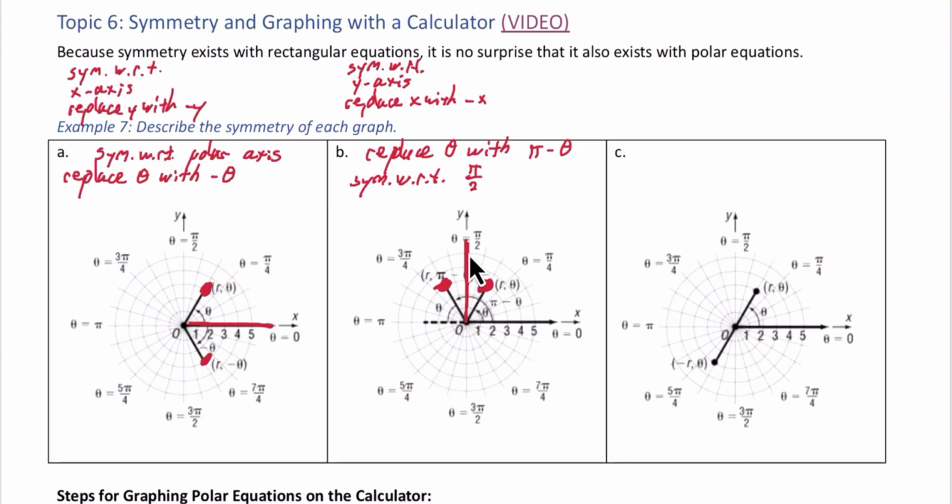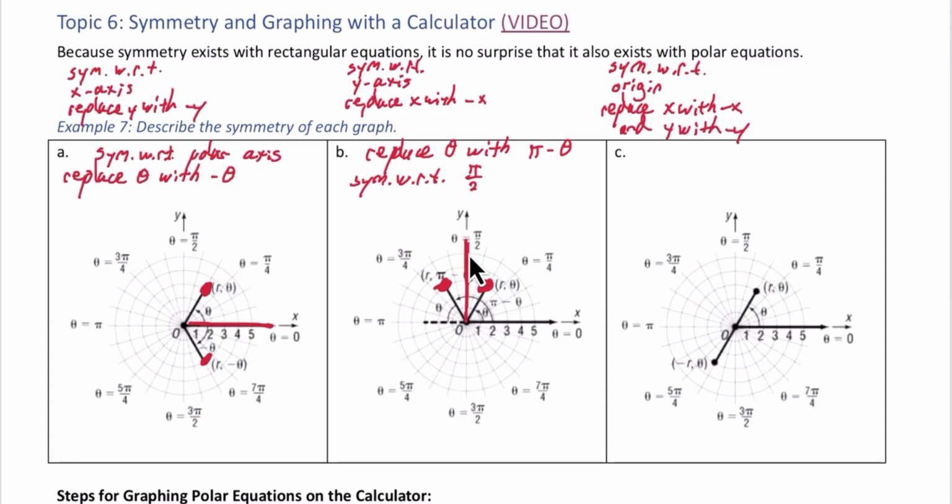We also had symmetry with respect to the origin back in our algebra class. And to get that, we replace x with negative x, and we replace y with negative y.